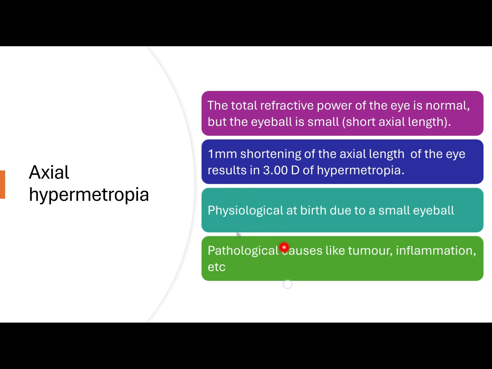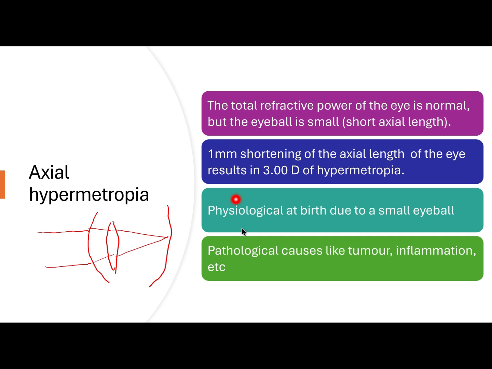Axial hypermetropia. So what is axial hypermetropia? As I already told you, this is the cornea and we have the lens and we have the retina. Normally, parallel rays of light are converged by the cornea, and again by the lens, onto the retina.